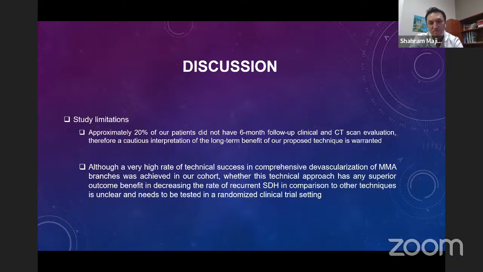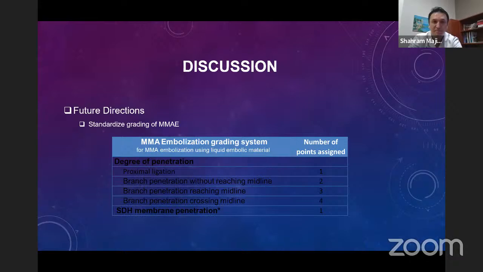And also, although a very high rate of technical success in comprehensive devascularization of the MMA vasculature was achieved in our cohort, whether this technical approach has any superior benefit regarding outcome in decreasing the rate of recurrence of subdural in comparison to other techniques such as particles, coils, or Onyx needs to be studied in a randomized clinical setting.